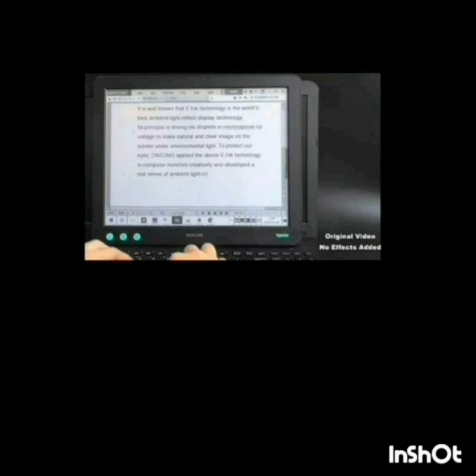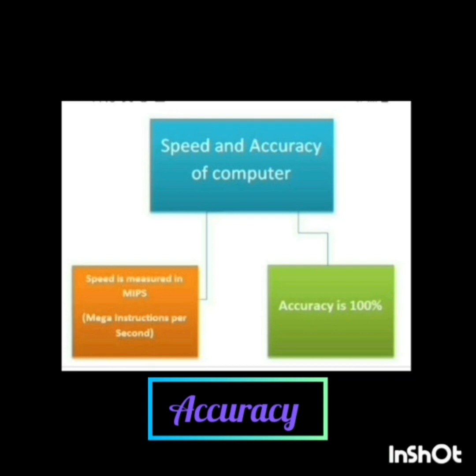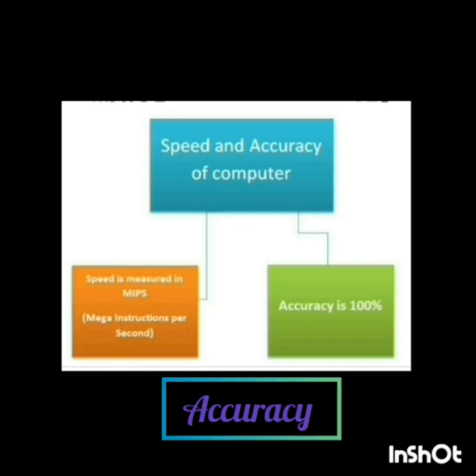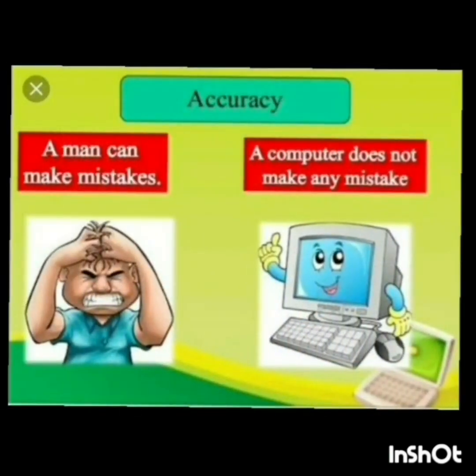It means very fast. Next is accuracy. Accuracy means the degree to which something is true or exact. A computer performs with 100% accuracy. If the correct data has been given to the computer, it gives an accurate result. It does not make any mistake.